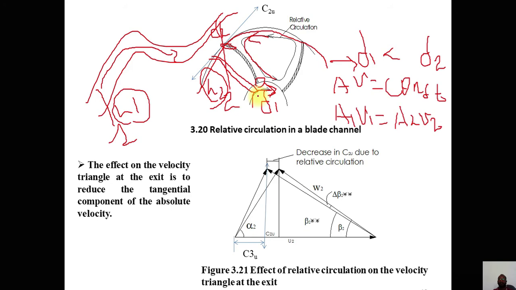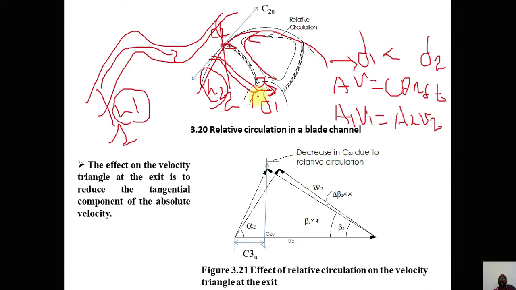Then what happened to the velocity triangle? What happened to the relative velocity? From the zero velocity, at the exit side, the tangential velocity decreased by the inertial amount.